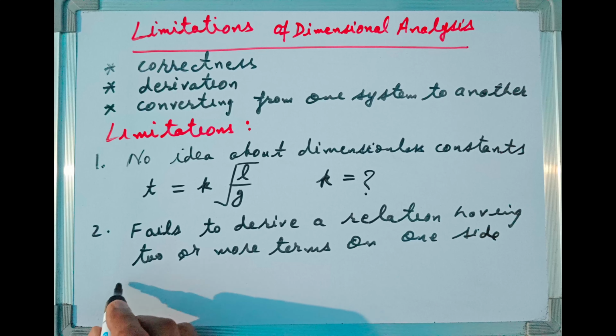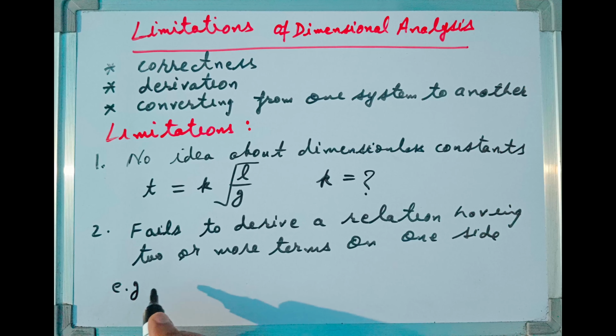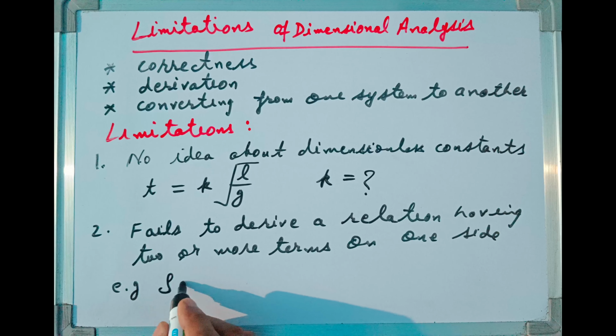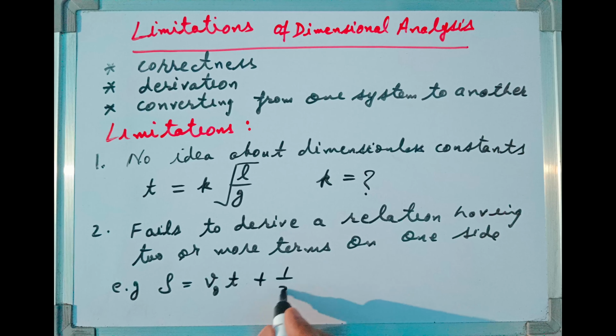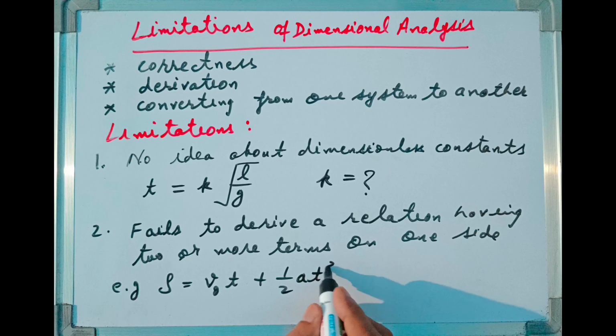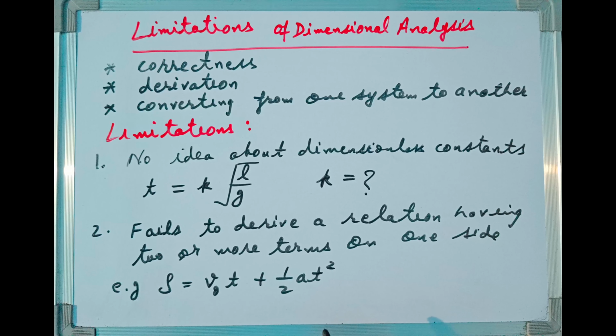For example, suppose we are to derive the relation s equal to v naught t plus half a t square. Very popular equation of motion in physics. Now the right hand side has two terms. This complete relation cannot be proved by the method of dimensions. Either we can prove this up to this or we can prove this term. Both the terms cannot be proved simultaneously.